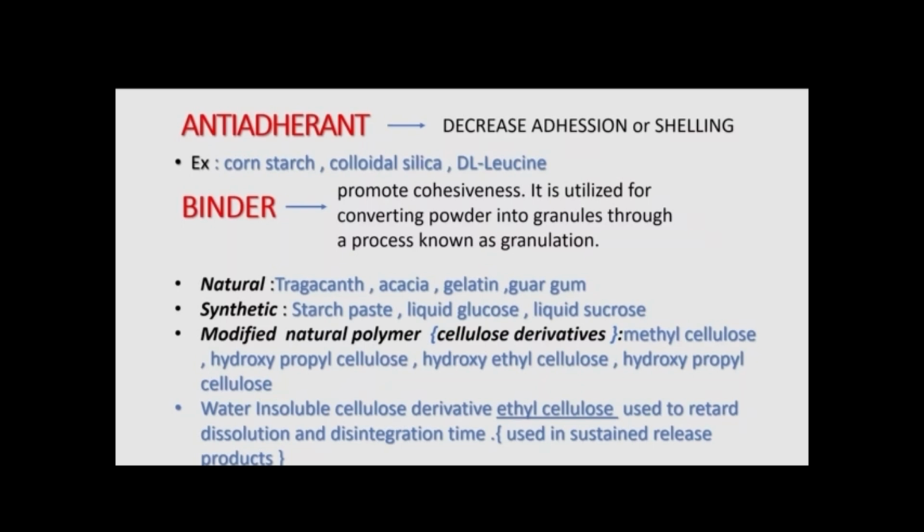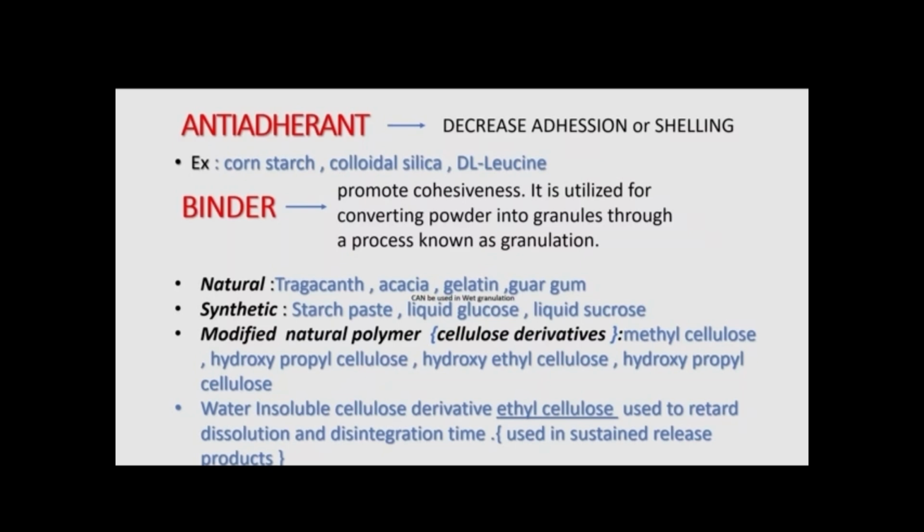Because it is used in sustained release. Sustained release is a process by which we decrease the dissolution and disintegration rate so that the process is slowed down. It should be released at a particular time. That is why we use the sustained release process.